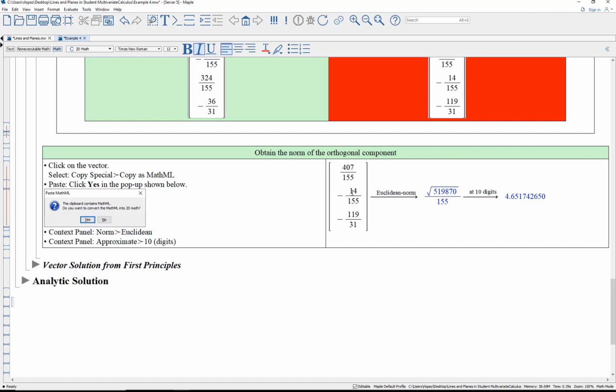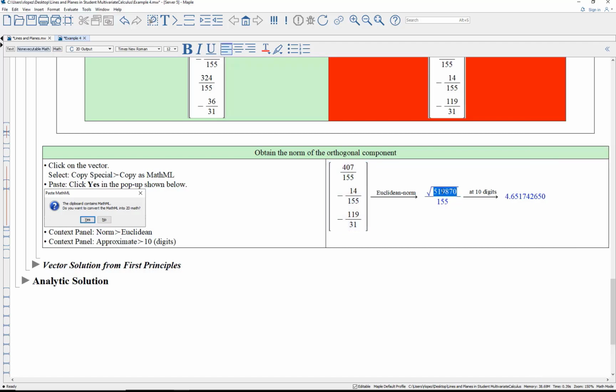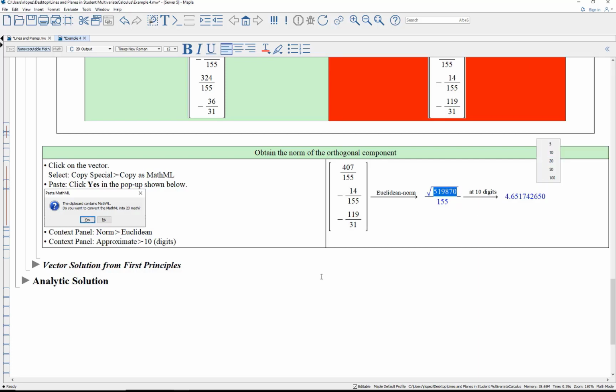So then you get this vector, and you've seen how to get the Euclidean norm. Vector here, go down to norm, take Euclidean, you get this number. You can approximate it to as many digits as provided. I picked 10.